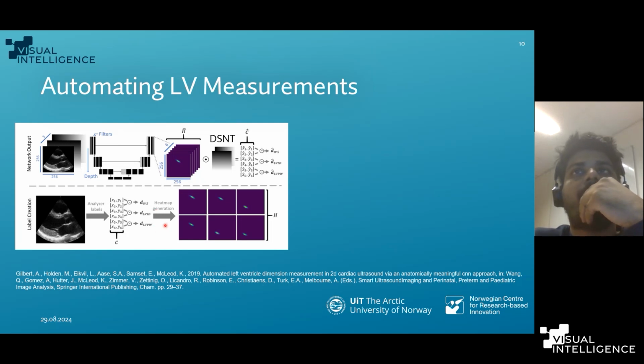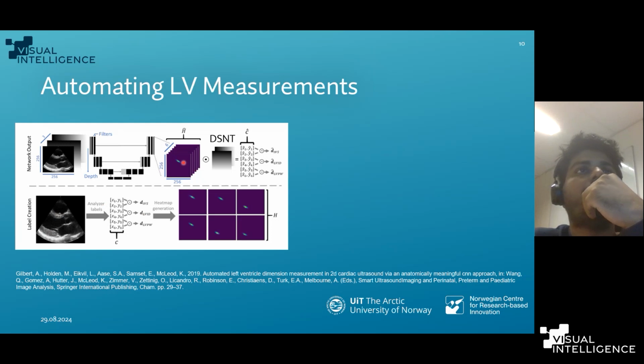This work is a bit old, but it gives the basic idea of how to train a landmark based detector for identifying the four or six coordinates for the left ventricle.